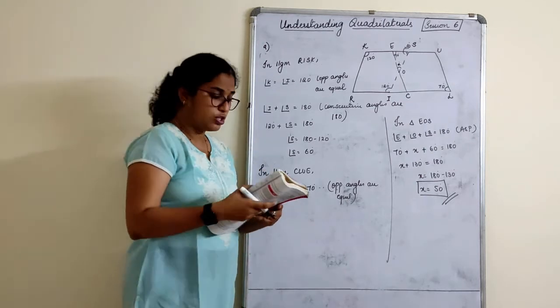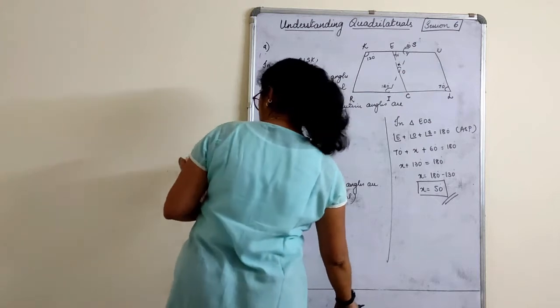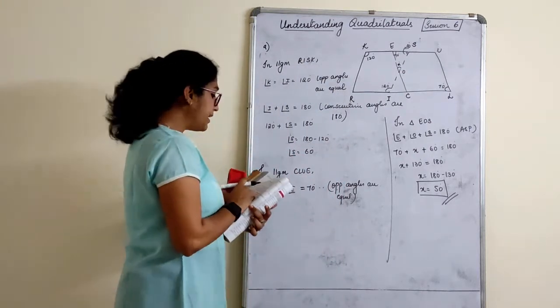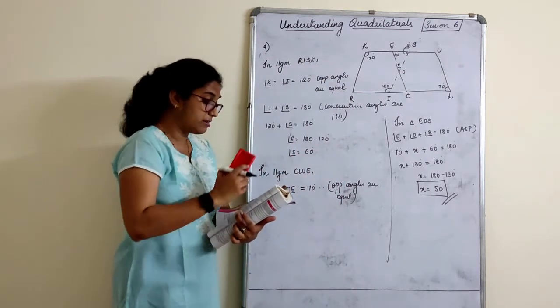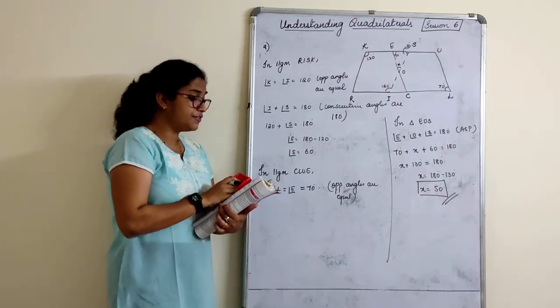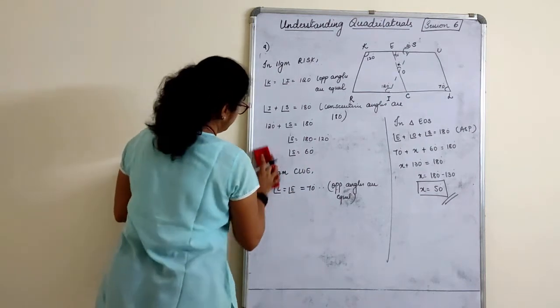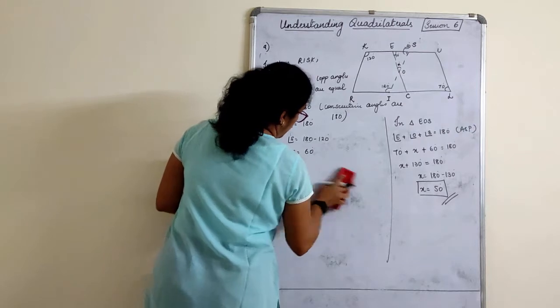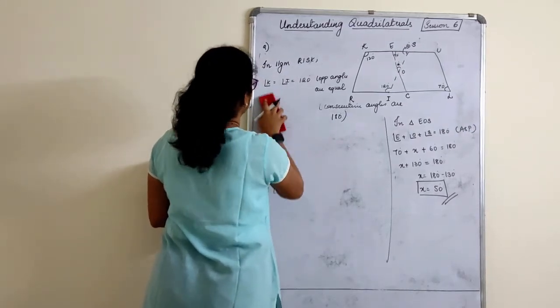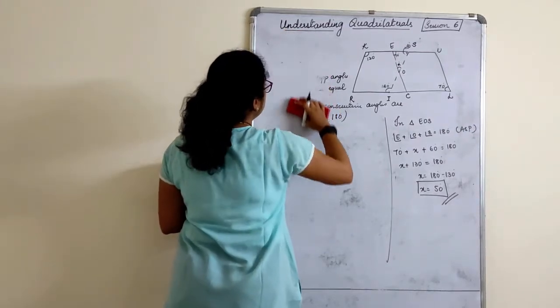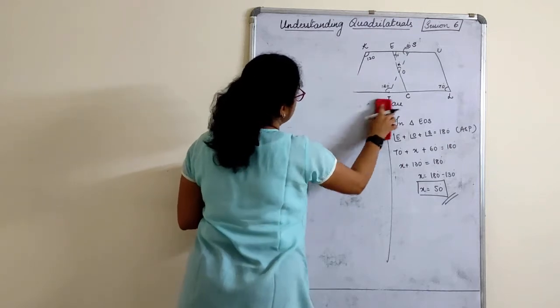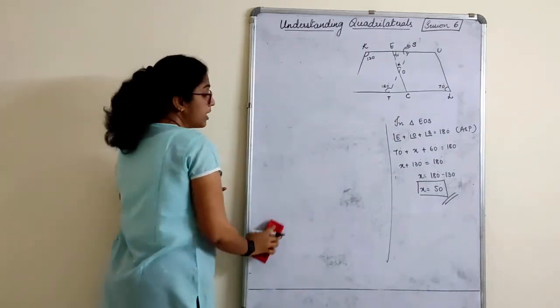Yes, children, the last 3 sums of this exercise. Next one: explain how this figure is a trapezium. Which of its 2 sides are parallel? So we know the trapezium property. What is the trapezium property?